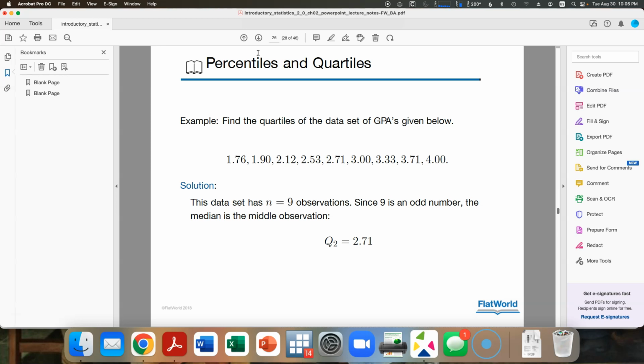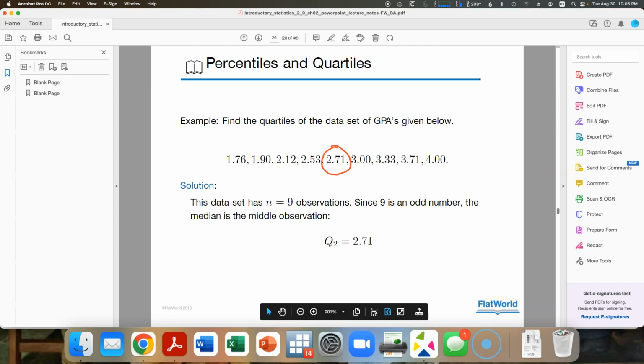So we have 9 observations. This would be 1, 2, 3, 4, 5, 6, 7, 8, 9. So we got 4 and 4. So that puts our median at 2.71.